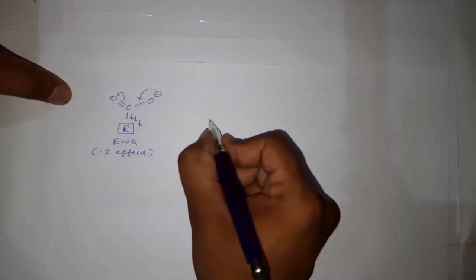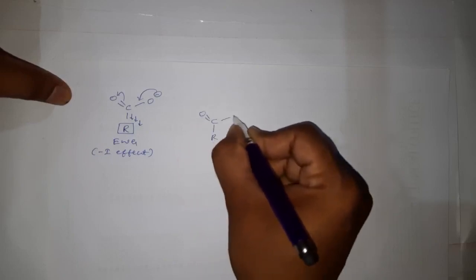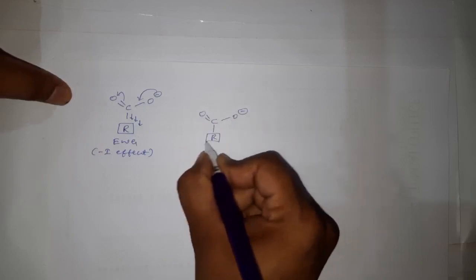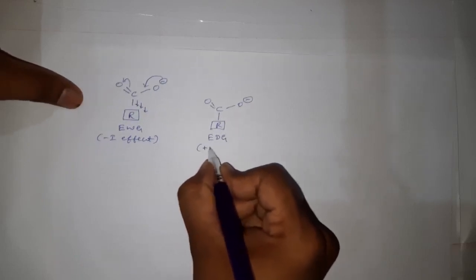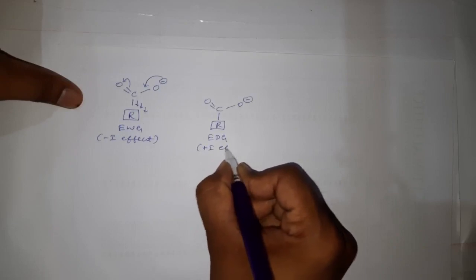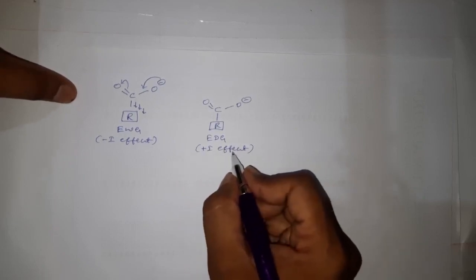Okay, then see, if this R group is an electron donating group, which means it has a plus I effect, that is positive inductive effect. Positive inductive effect means what?